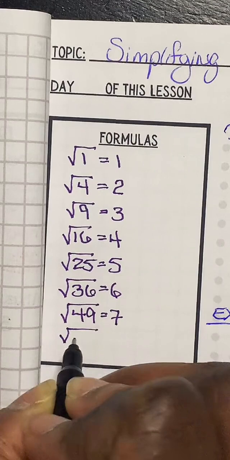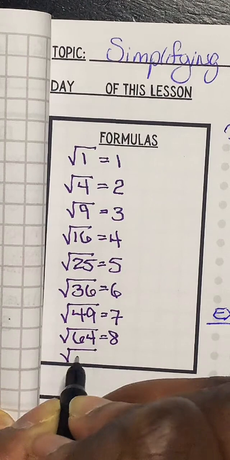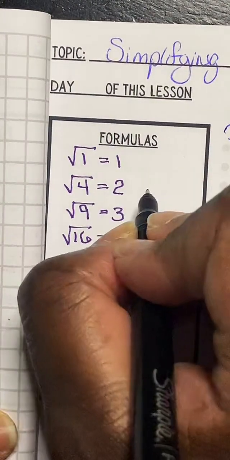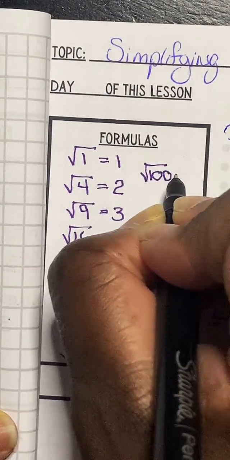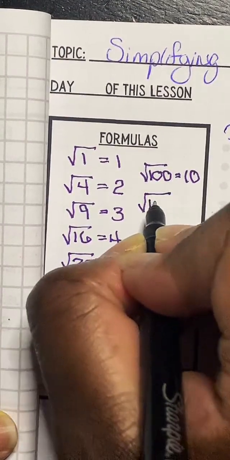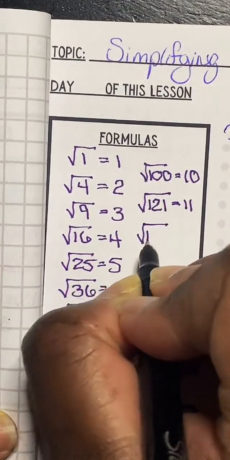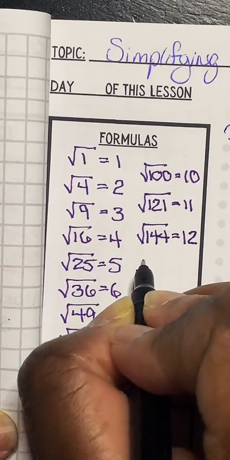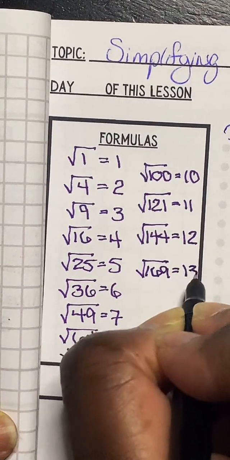And this might help some people when we want to break some stuff down. And I'm going to see if I can squeeze in square root of 100, square root of 121, square root of 144. We kind of talked a little bit about that. Square root of 169 gives us 13.